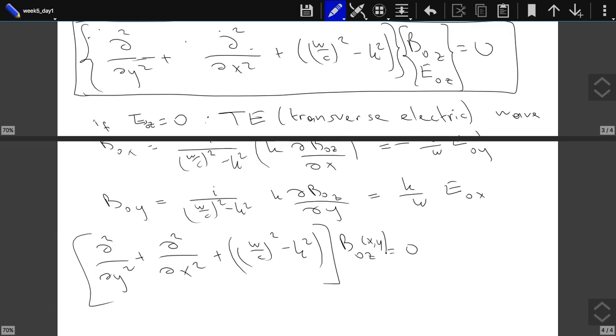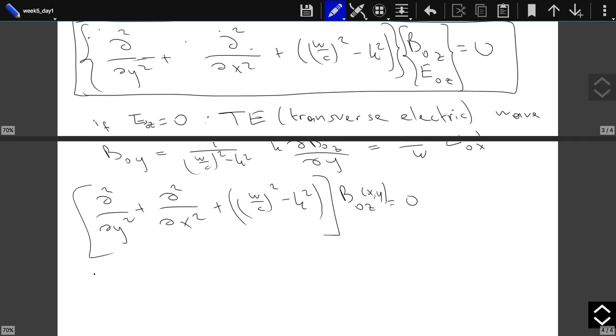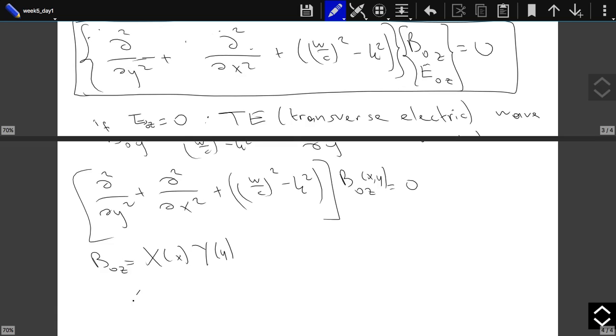The way of solving this equation is the same as how we solve the Laplace's equation: separation of variables. So let's just assume B0z is equal to some function of x only and some function of y only. So X double prime over X plus Y double prime over Y plus omega over c squared minus k squared should be equal to 0. What I did was I just put this in here and divided by B0z. So that's why I get the X and Y numerators over here and nothing multiplies that one.